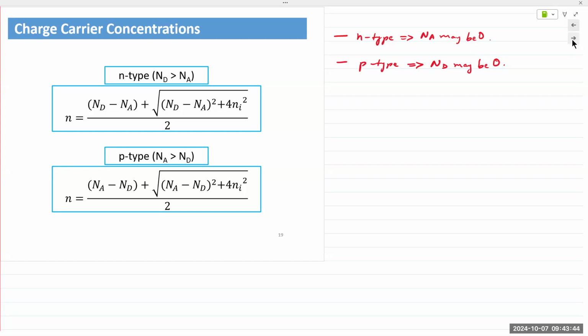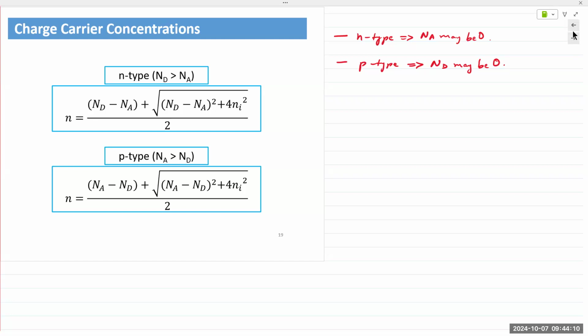Now, when you introduce these atoms, the dosage is high compared to the intrinsic carrier concentration. So the number of atoms you're introducing is 10 raised to 13 to 10 raised to 21. To use a real life analogy, if you have a room like this, you introduce more and more people in there, there's less space to move around.